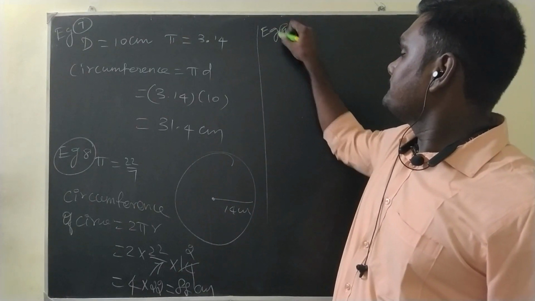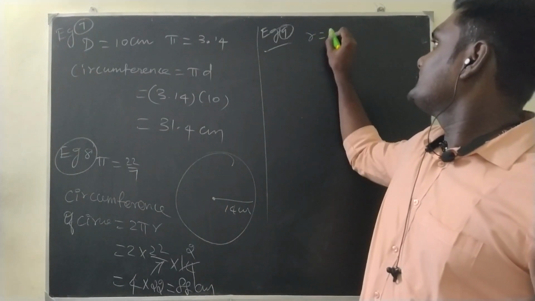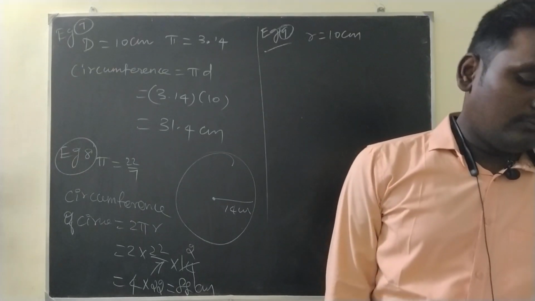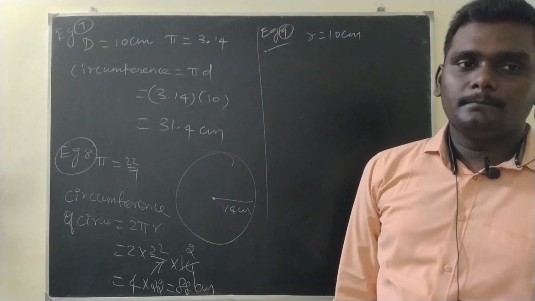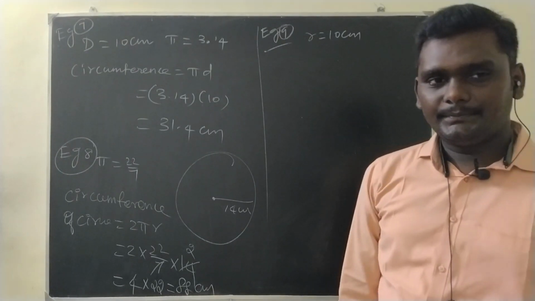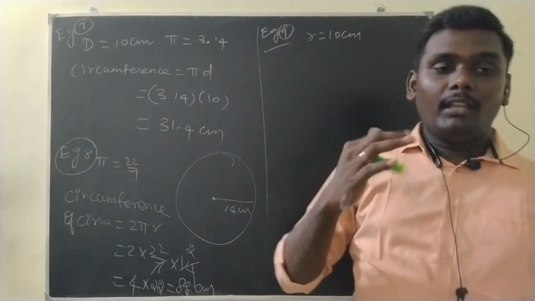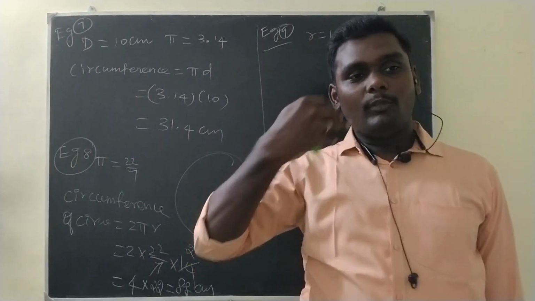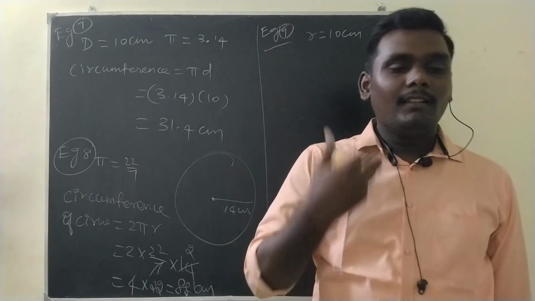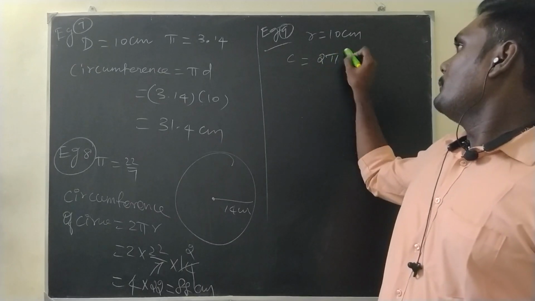Example 9. They have given the radius of the circular pipe. 628. Okay, good, but it's not 628. You see, when we wrap the circular pipe once, we are covering the perimeter. Perimeter means circumference of a circle, so the formula is 2 pi r.